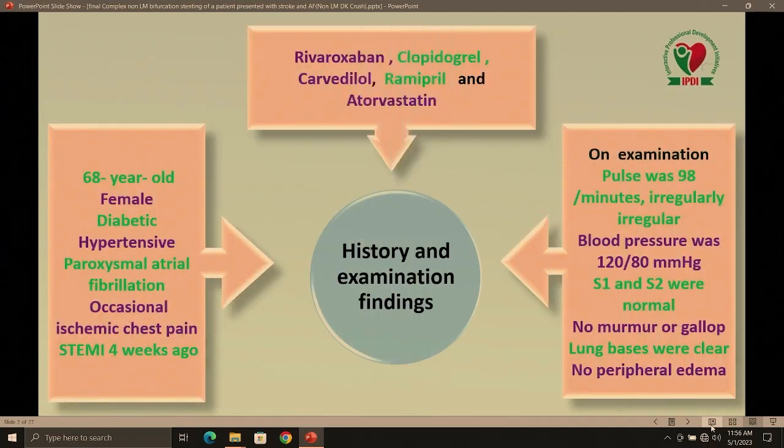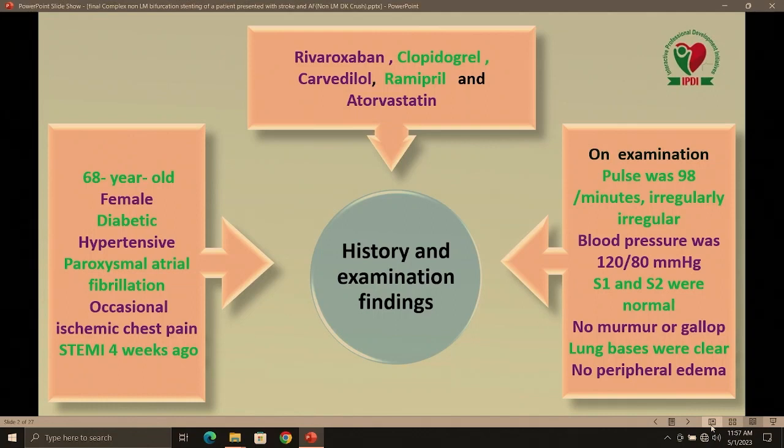History and examination of this patient reveals she is 68 years, diabetic, hypertensive, and having paroxysmal atrial fibrillation and occasional ischemic chest pain, with history of non-ST elevated MI 4 weeks back. On examination, pulse is irregularly irregular with 98 per minute and normal blood pressure, and no other relevant findings.